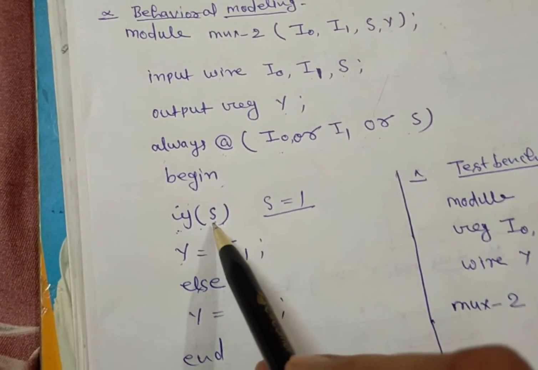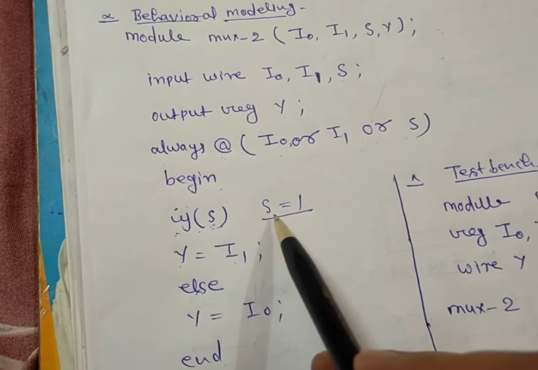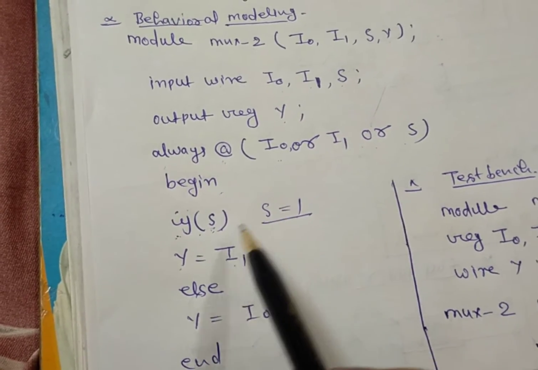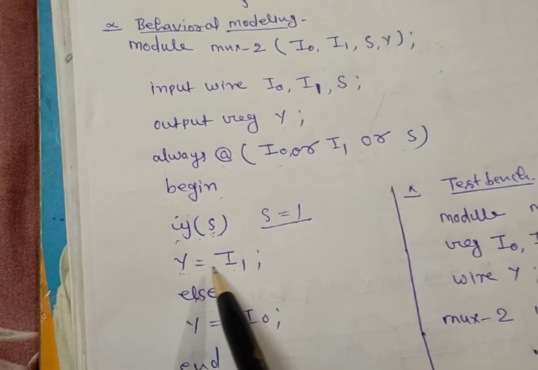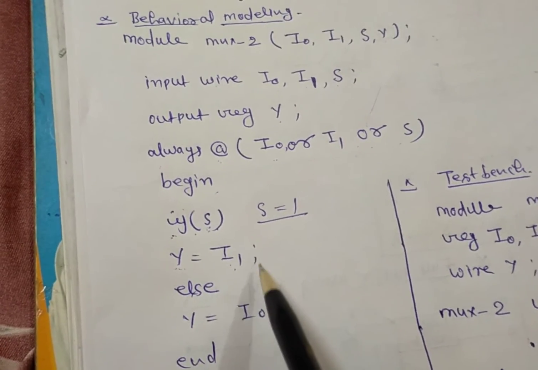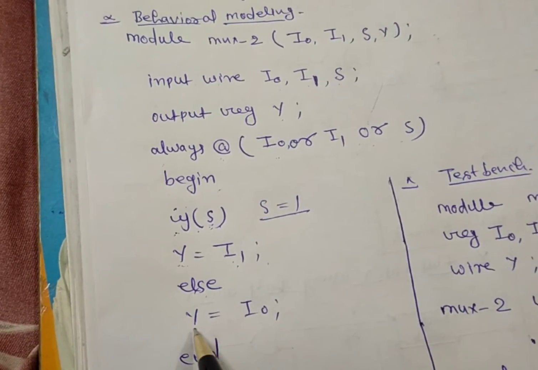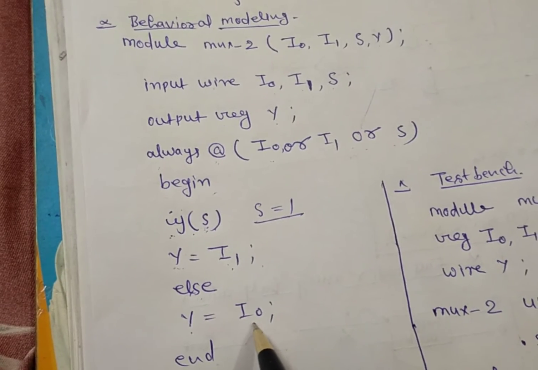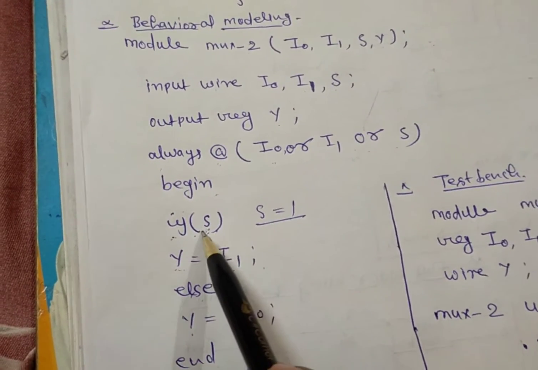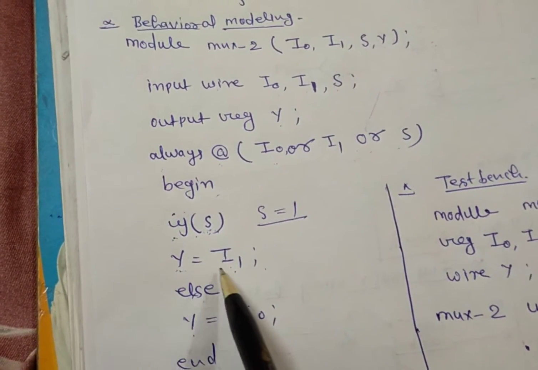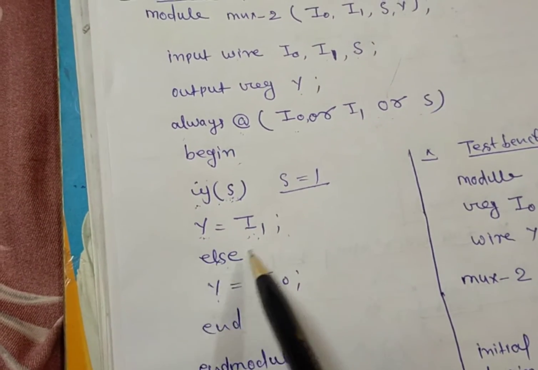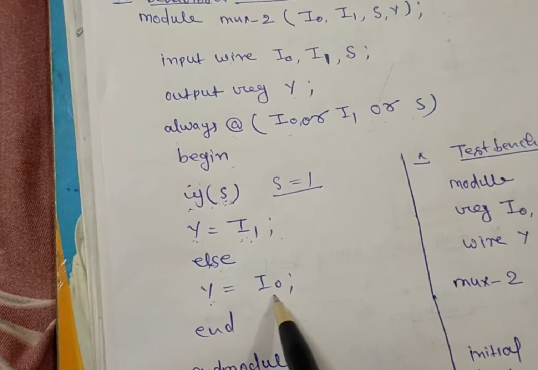If we apply the condition S is equal to 1, if S is 1, then output Y equal to I1, then semicolon, else output is I0, because if this condition is satisfied, your output is I1. If the condition is not satisfied, your output is I0.